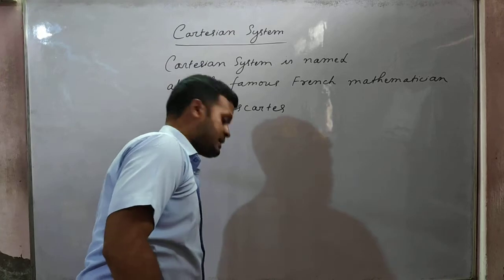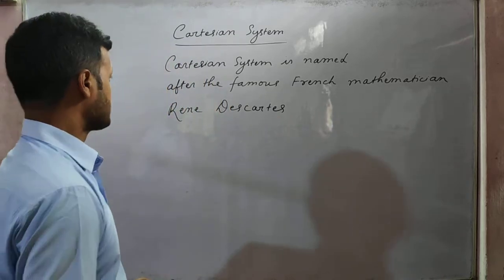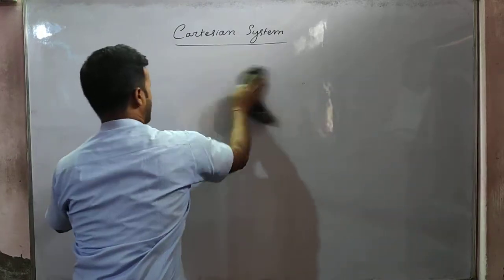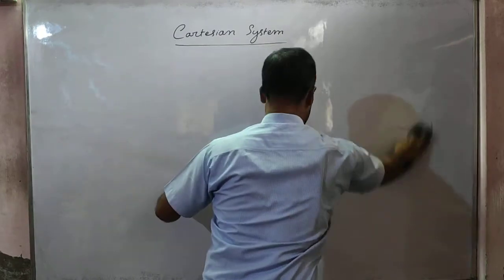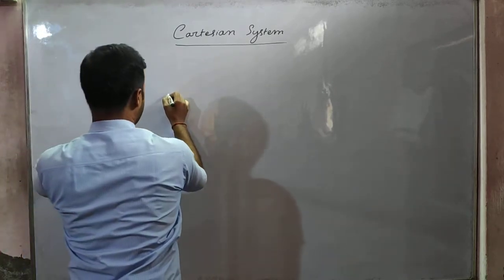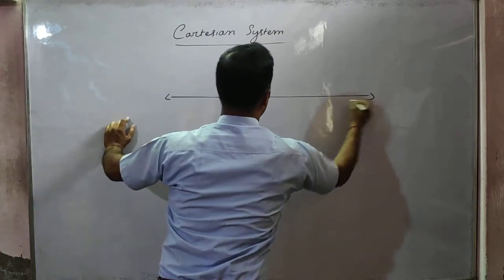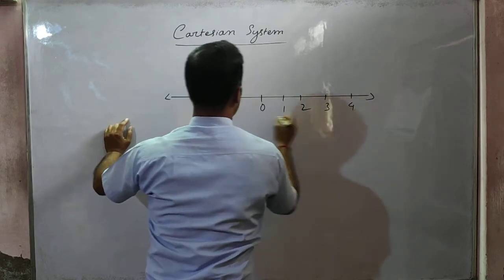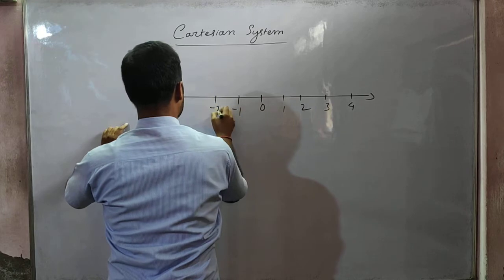Okay, so in the Cartesian system, students, till now we have been learning about the number line. Here 0, then 1, 2, 3, 4, minus 1, minus 2.